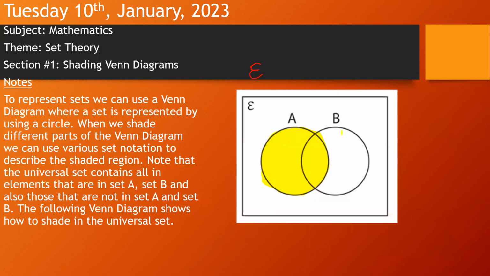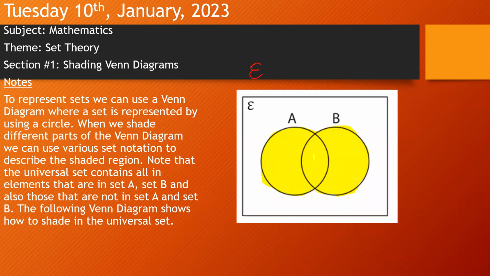And then we want to shade all of B. Because like I said, the universal set contains all of A and all of B. And then the next part is we want to shade in the set that's on the outside of it.